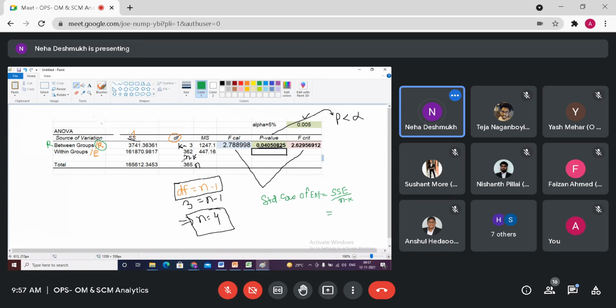Here the sum of square of error is this one, 1161870, upon n minus k, which is 362, right? So this is the standard error of estimate for this table. Okay.